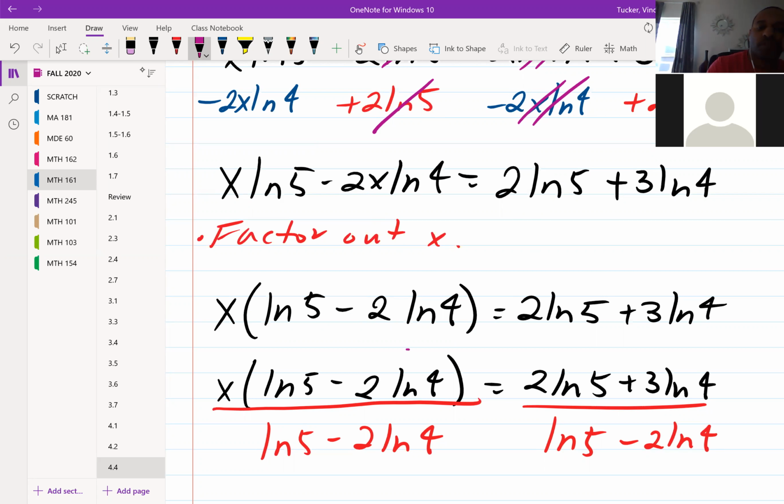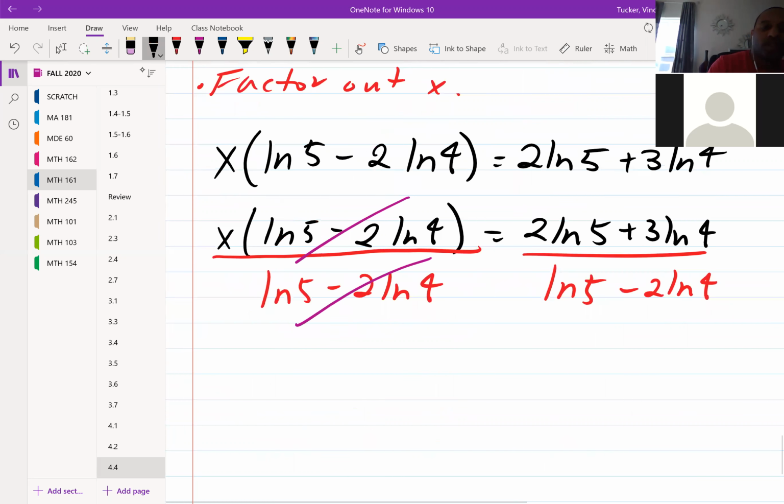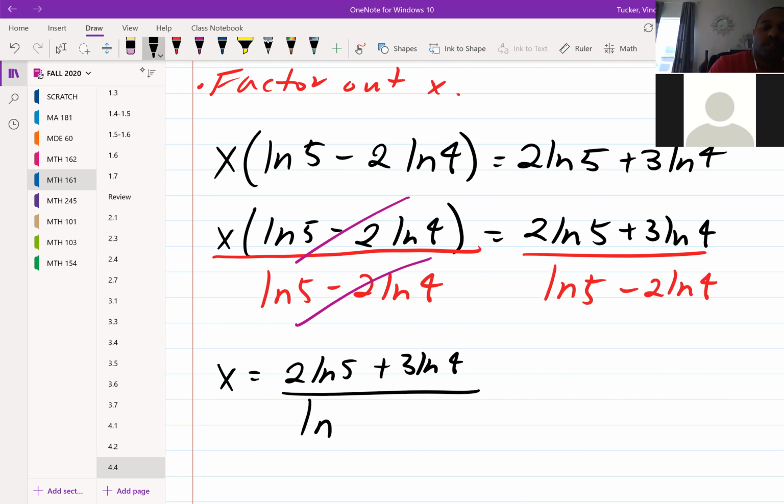That whole quantity cancels out on the left. And that leaves me with x equal to 2 natural log of 5 plus 3 natural log of 4 over natural log of 5 minus 2 natural log of 4. And that is approximately negative 6.34.